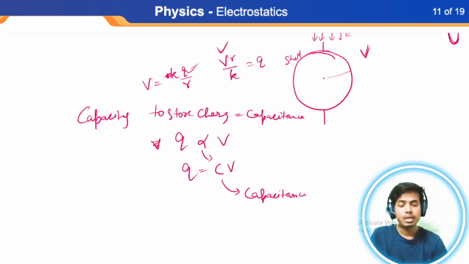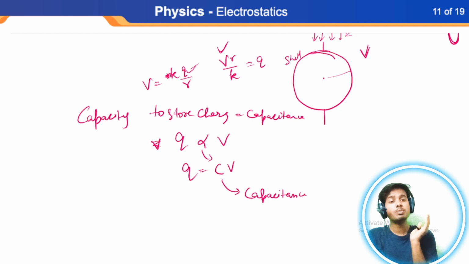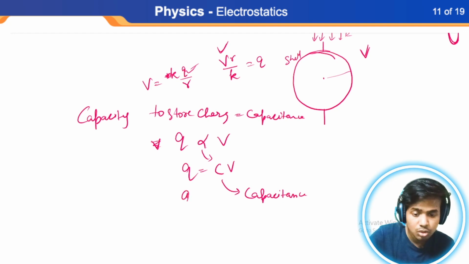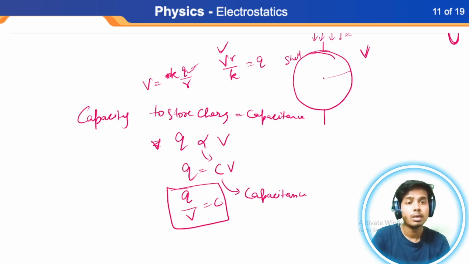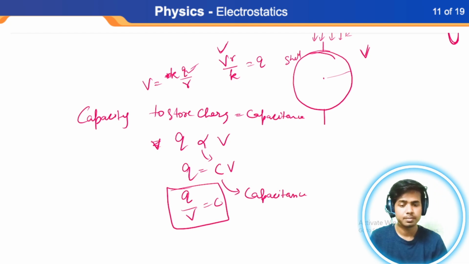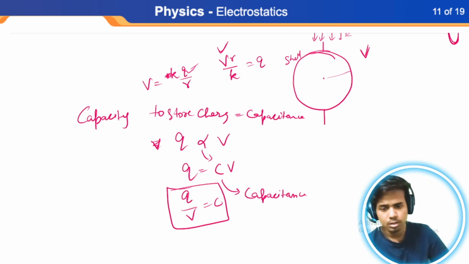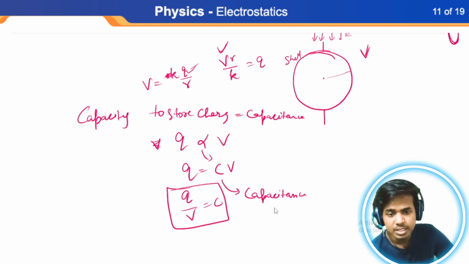Capacitance basically, अगर हम इसको voltage V provide कर रहे हैं तो उसमें कितना charge store हो रहा है, that is basically capacitance. Q by V is equal to capacitance. Charge stored per unit voltage. So that's the definition of capacitance.